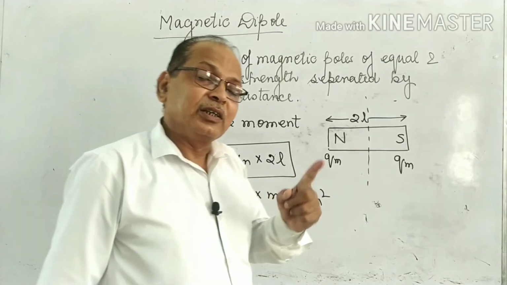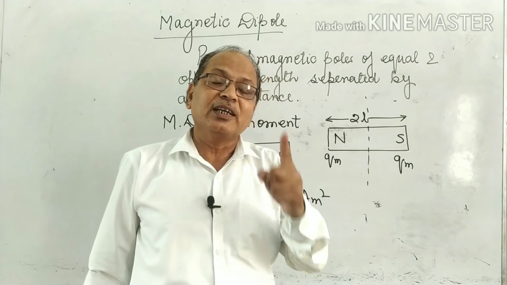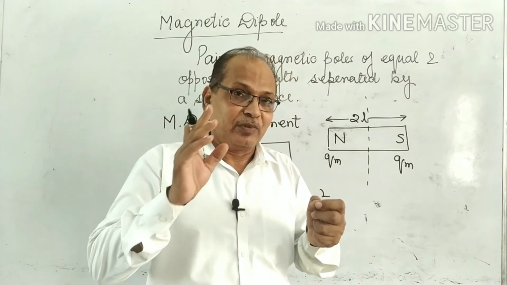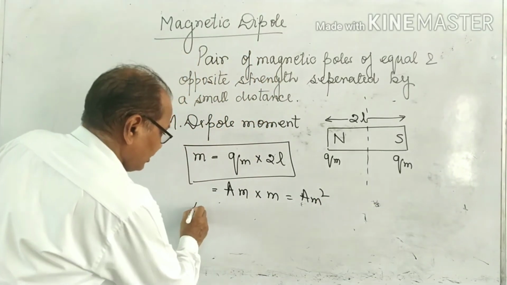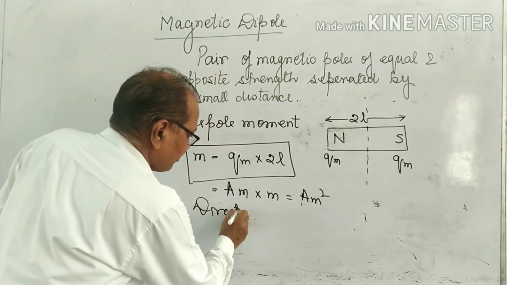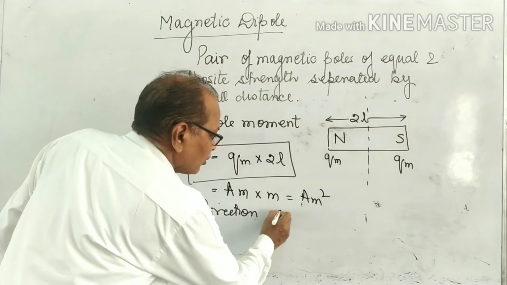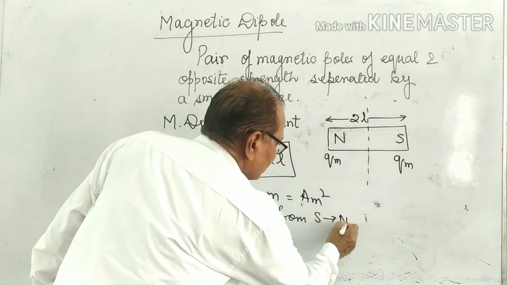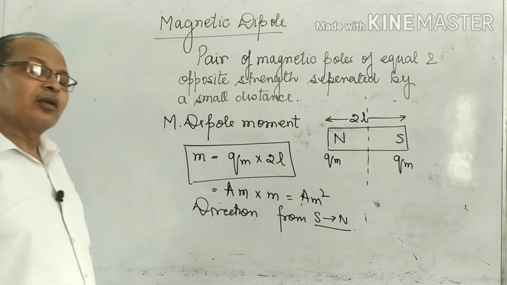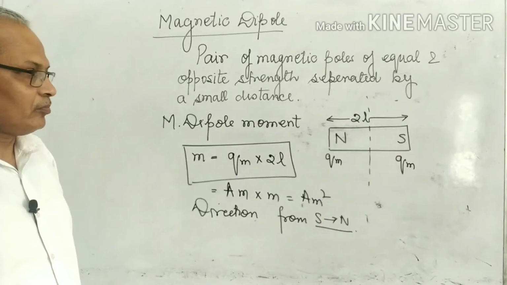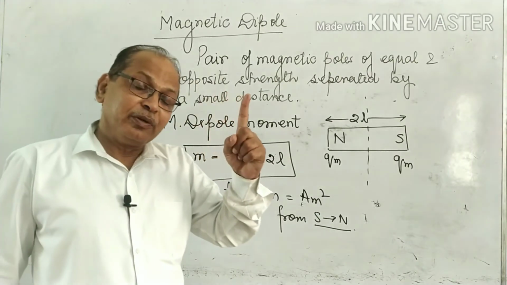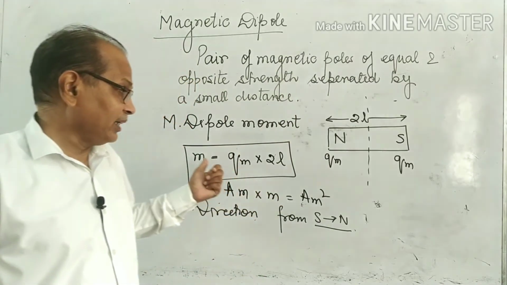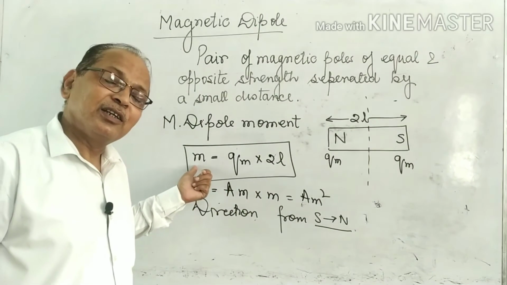And remember, the direction of magnetic dipole moment is always from south pole to north pole. In the electric dipole moment, it was represented by P. Here the magnetic dipole moment is represented by small m.